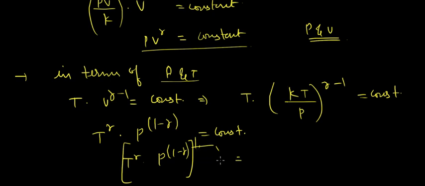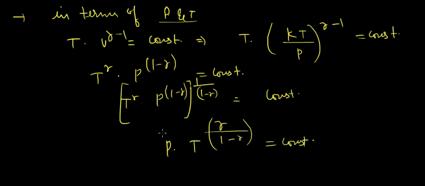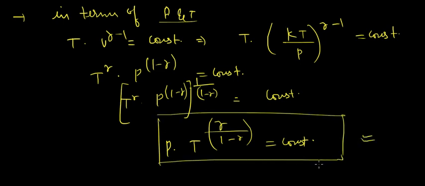Raising the RHS also, the RHS is a constant term, and raising that constant term again to the power of 1 upon 1 minus gamma would also be some constant term. So from here we can write that P times T to the power gamma divided by 1 minus gamma is also a constant. So these are the various relations we can get from an adiabatic process.